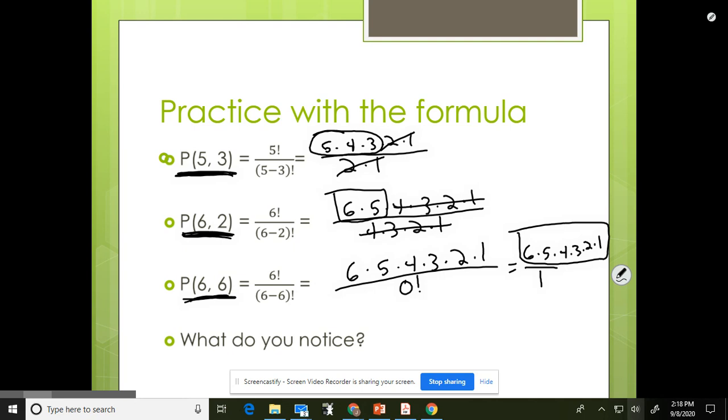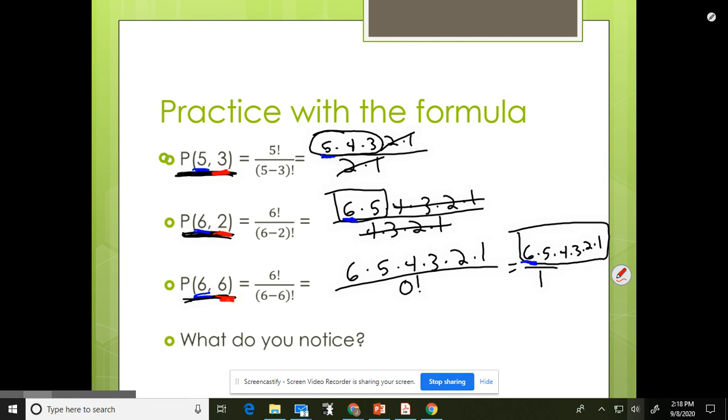So what's happening each time, if you notice the first number in your permutation, that's always the first thing you're multiplying. And then if you notice the second number in your permutation, each time, that's how many numbers we multiplied. And it always just went from our starting number all the way down for however many numbers.